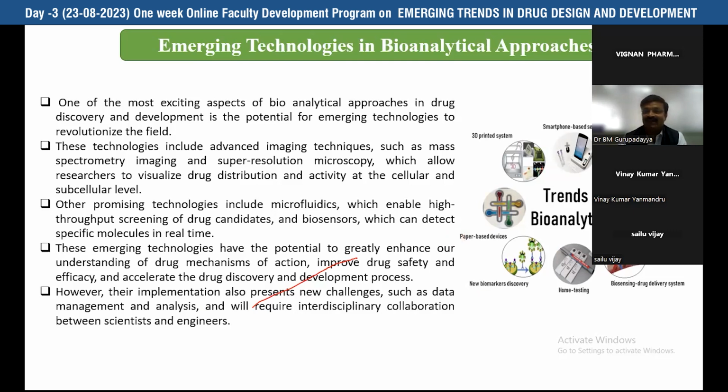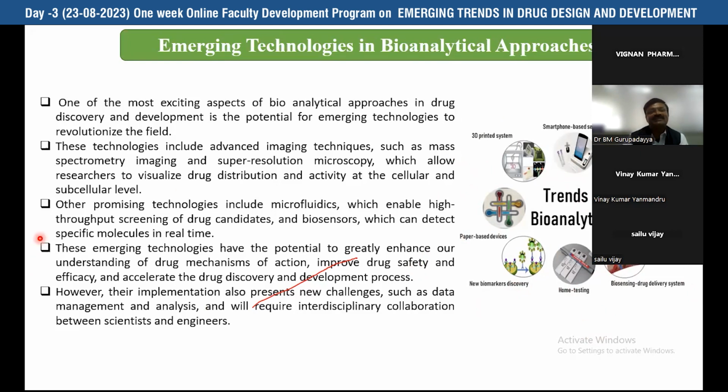Trends in the bioanalytical techniques: either a 3D printed system, or smart board based sensors, or a kind of multiplex detection, or biosensors can be used, or a biosensing drug delivery system, or home testing methods, or new biomarker discovery. So these are all the new trends available in the bioanalytical approaches.